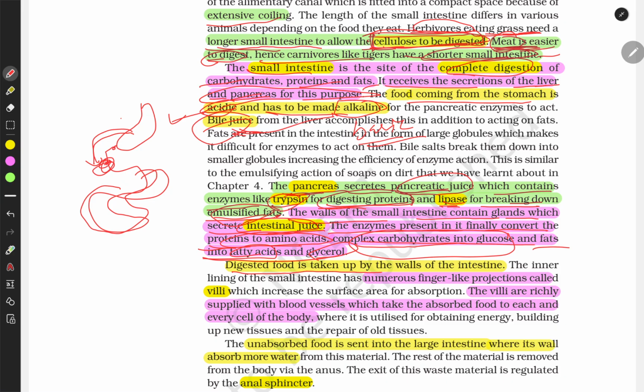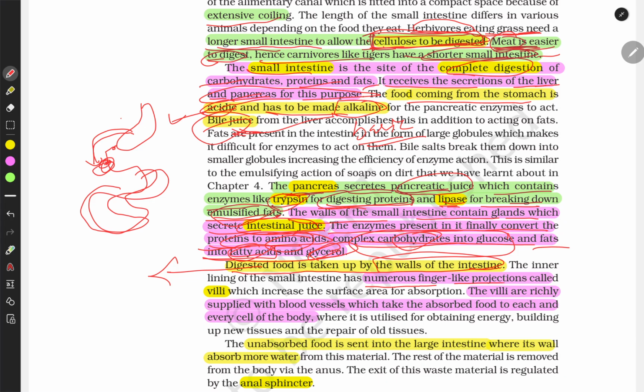The digested food is taken up by the walls of the intestine. What is digested food? Amino acid, carbohydrate, and fatty acid and cholesterol are the digested food. How is it taken up by the walls of the intestine?